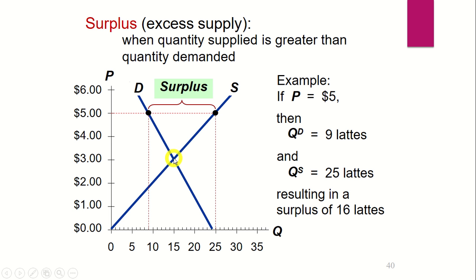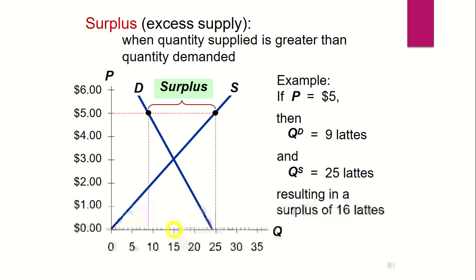Here demand and supply curves intersect each other, and the quantity is 15 units. If I move down from this point, the price is $3. It is the equilibrium price, and the quantity, 15 units, is the equilibrium quantity.